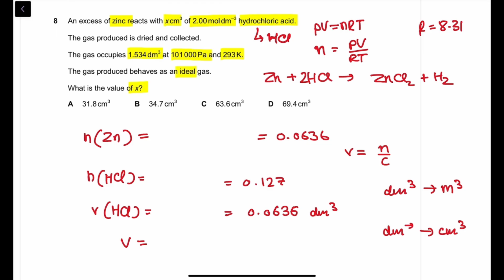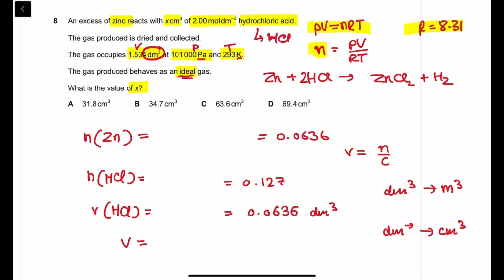So whenever there's a mention of ideal gases, we're always going to be using the formula PV equals nRT. Now we actually have our V volume, our P pressure, and our T temperature. Our R value is known, it is always 8.31, and our only missing value is n, our number of moles, so I've rearranged it so that n equals PV over RT. If we take a look at the units for each of them, they're all correct except the volume.